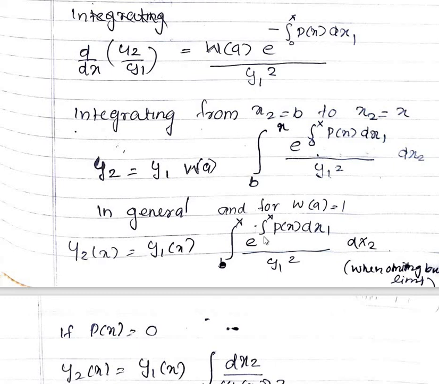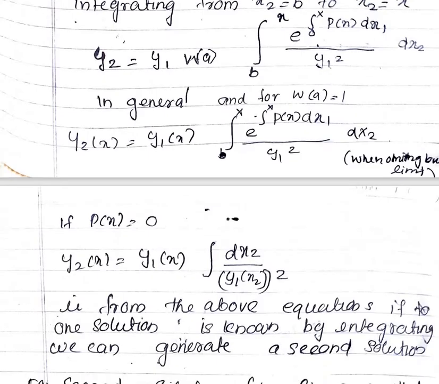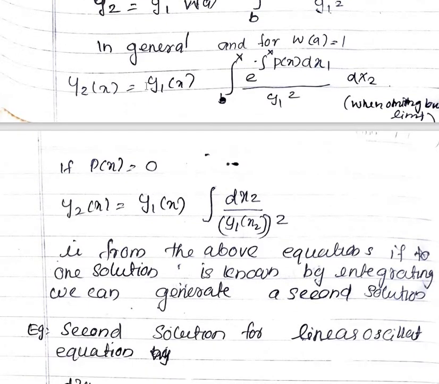So we can omit the arbitrary lower limit, and if we already have one solution y1 of x, then from this equation you will get the second solution by doing this integration.